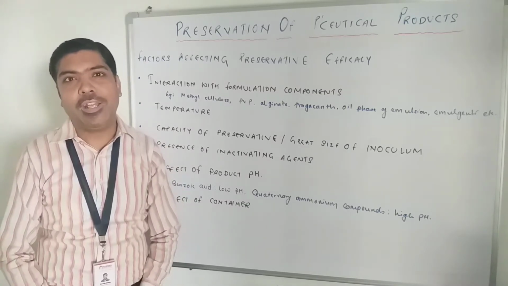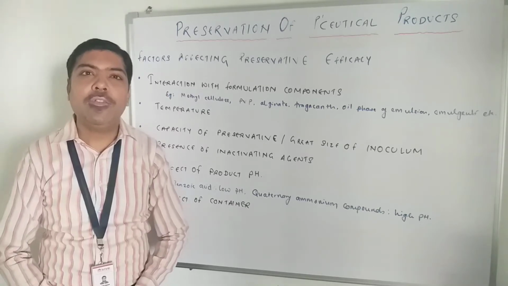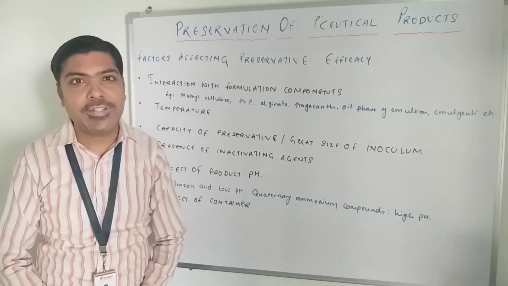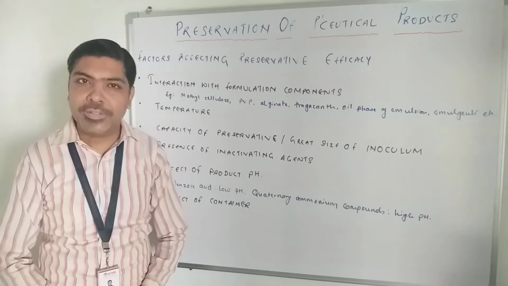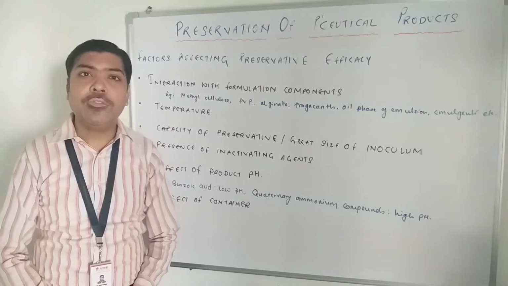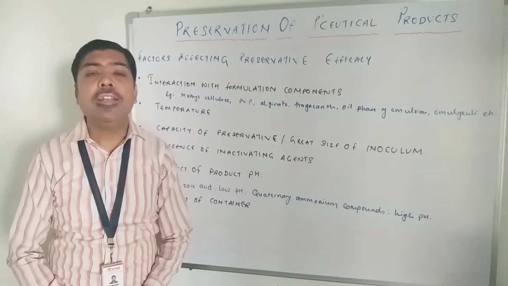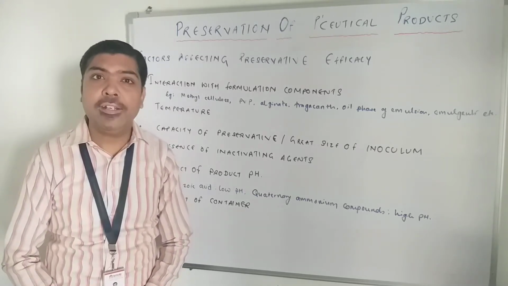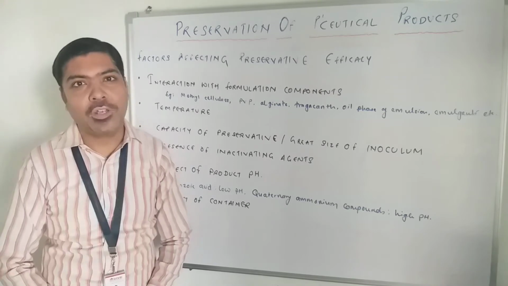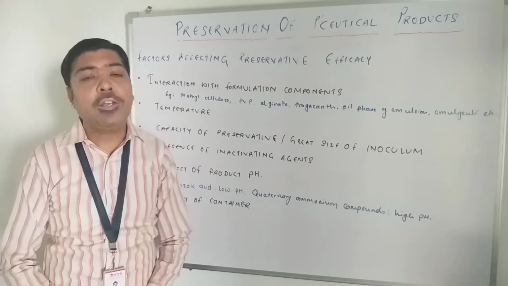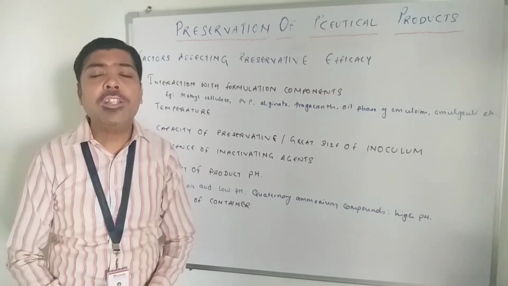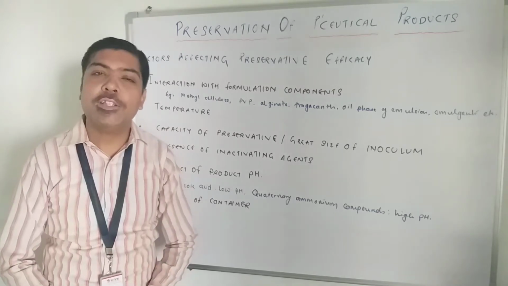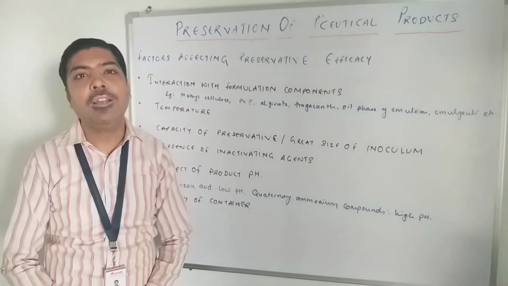In today's video lecture, we'll discuss various factors that affect the efficiency of a preservative. In the last video, we discussed that preservatives are agents or chemicals added in any pharmaceutical preparation in order to inhibit the growth of microorganisms which may be involved in the spoilage process of the pharmaceutical product.